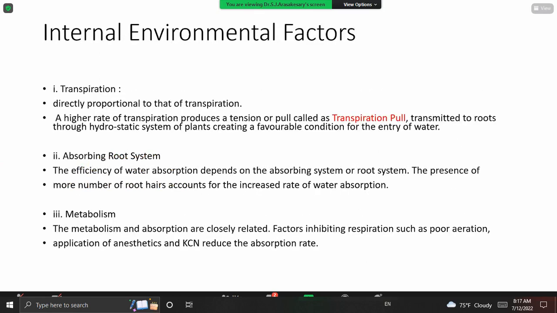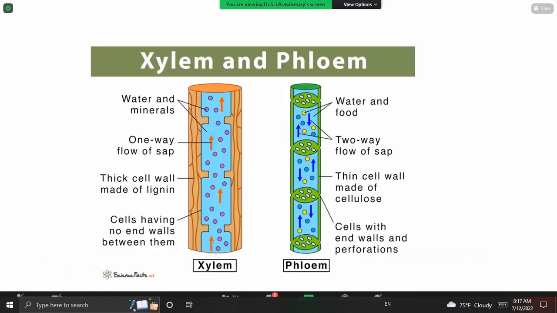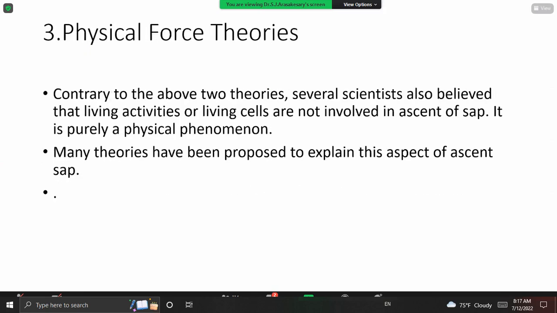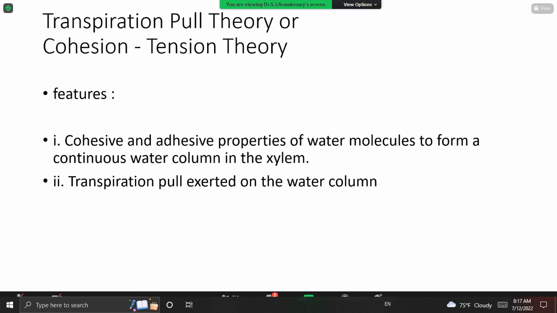Then ascent of sap, we have seen the upward movement of water from the stem base to the treetop is called ascent of sap. Then xylem and phloem difference, how it goes up and down. Then 3 theories, you have to take notes on that. Then capillary force theory, I have explained what is the real capillary force, adhesion and cohesion.